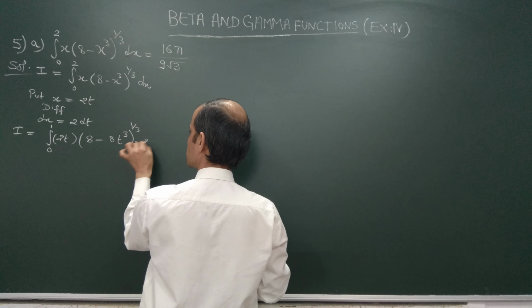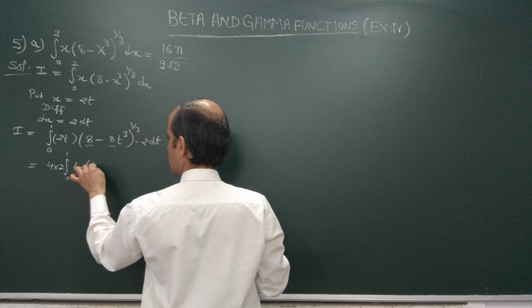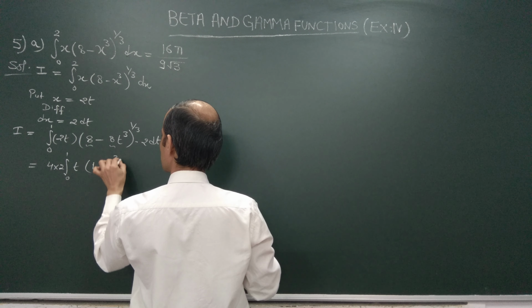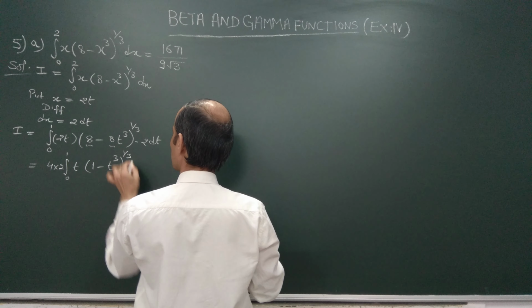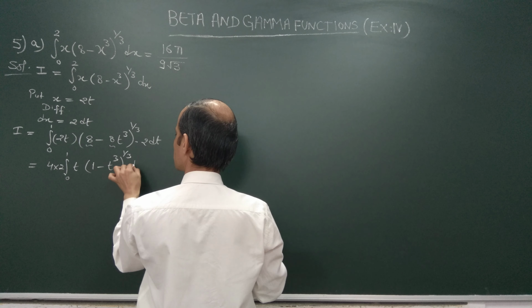On simplification, 2 into 2 is 4, integral from 0 to 1 of t into 8 common, cube root of 8 is 2, into (1 minus t cube) whole power 1 upon 3 dt.